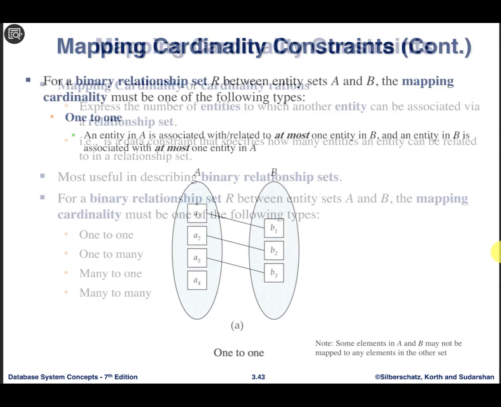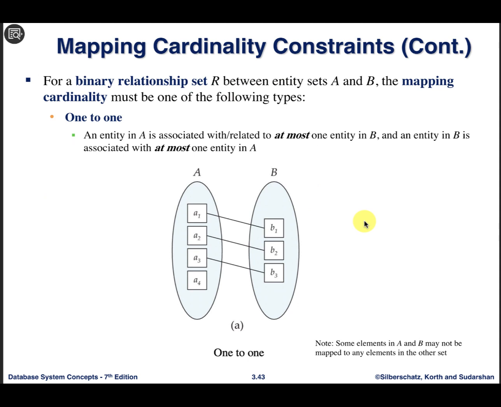What do you mean by one-to-one? Assume that we have A, and here you have B, and here the relationship set is between them.